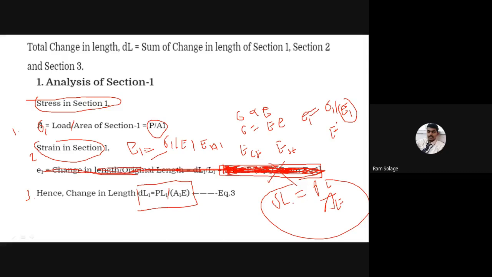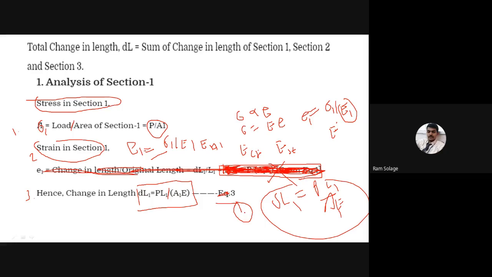We are calculating the deformation of section number 1, so delta L1 is equal to PL, where P is common, L1 is the length of section number 1, A1. Give it equation number 1: delta L1 is equal to P L1 divided by A1 E1. This is equation number 1.